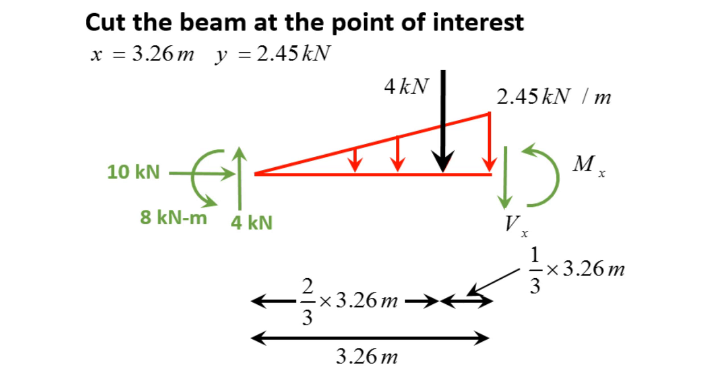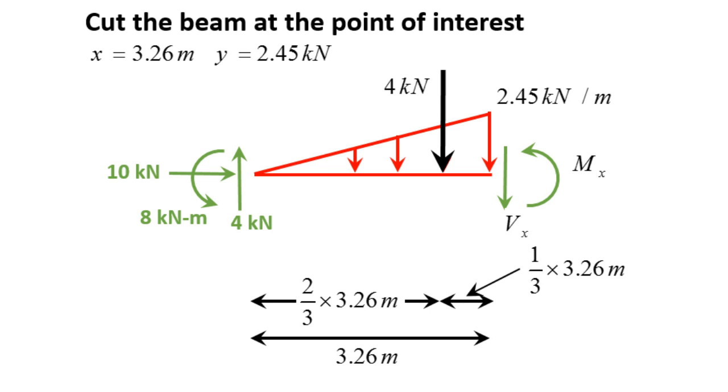I concentrated the load from the triangle distributed load. I introduced the left internal forces. Now, as for the value of this triangle, it's 2.45 kilonewtons per meter, because this is the y value we solved in the previous slide.